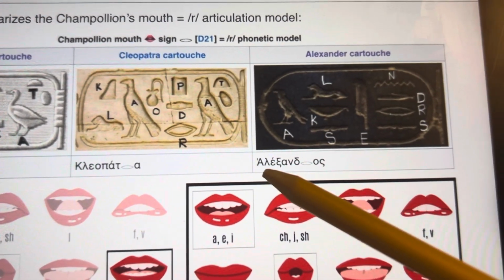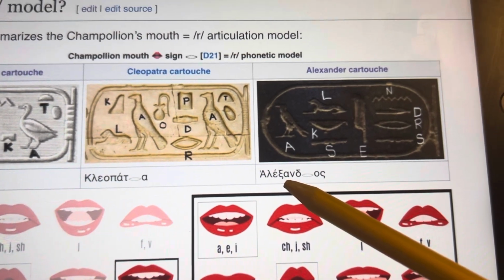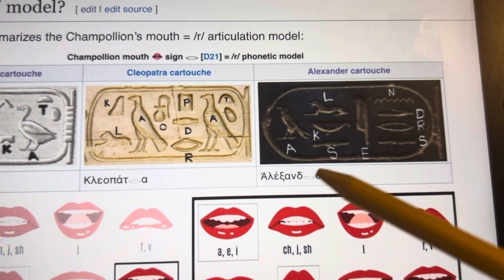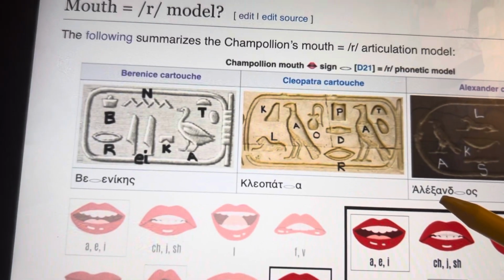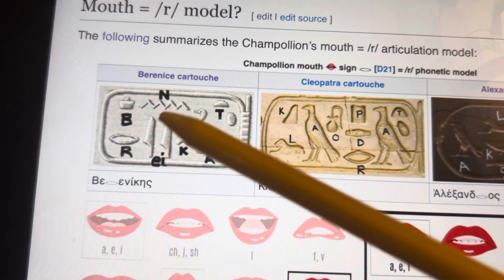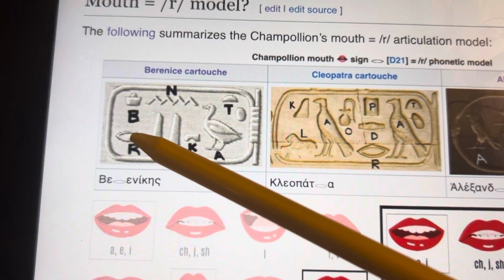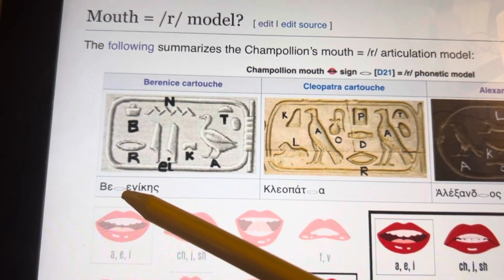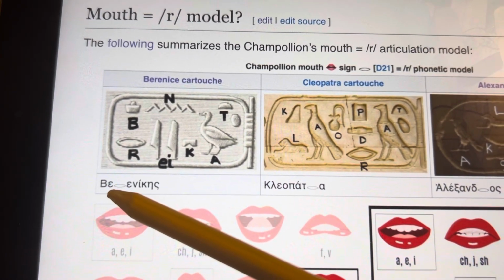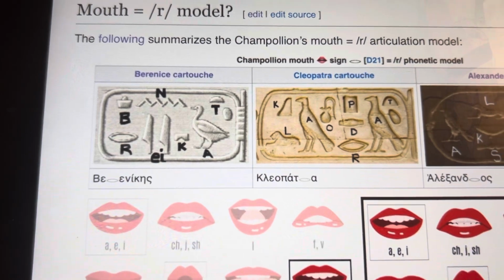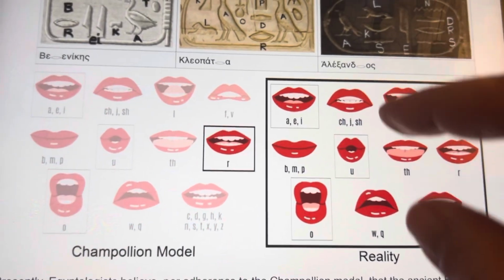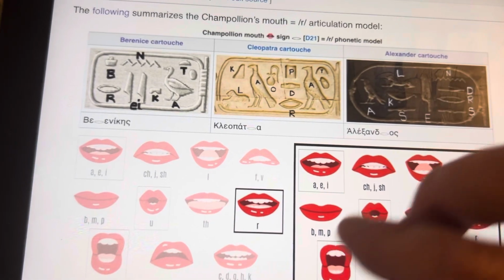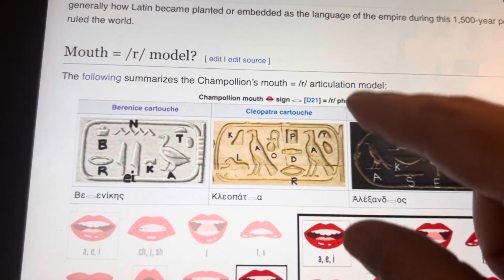There's also 2 A's in Alexander, but there's only 1 bird, which is another anomaly we can't explain. The R should be the 2nd letter in Berenice, but it's shown as the 3rd letter, among hundreds of other problems that the future Egyptologists will have to deal with, and linguists.